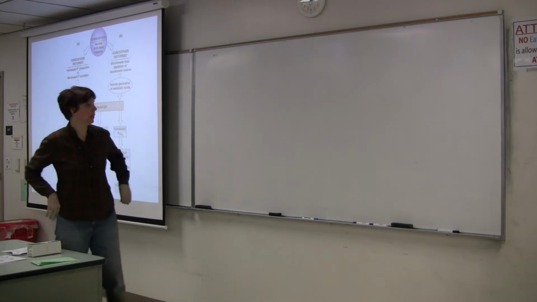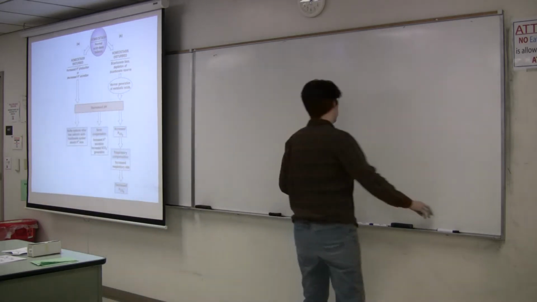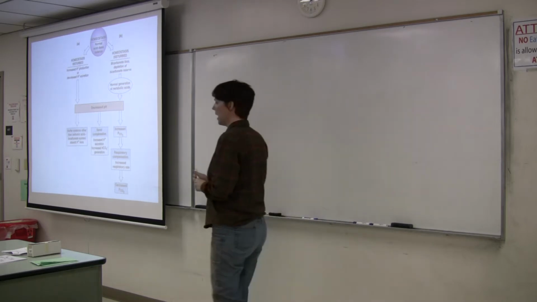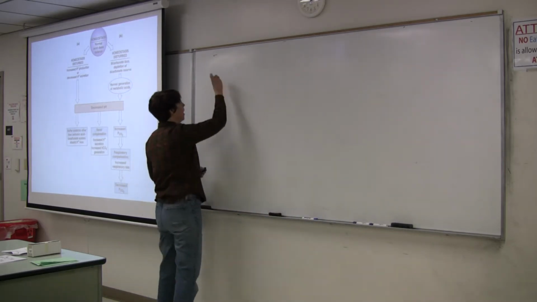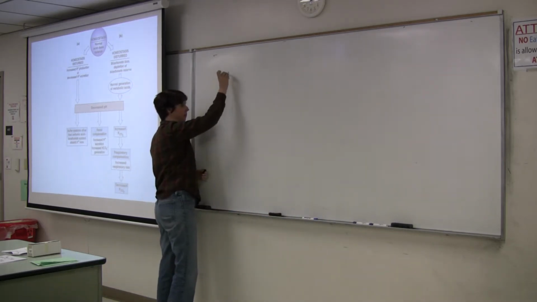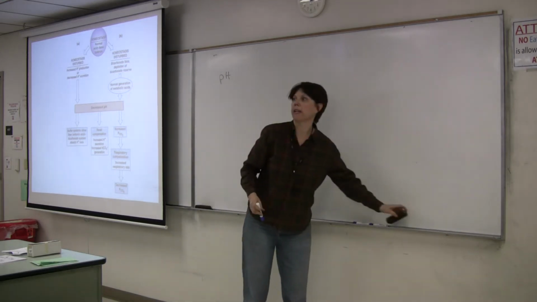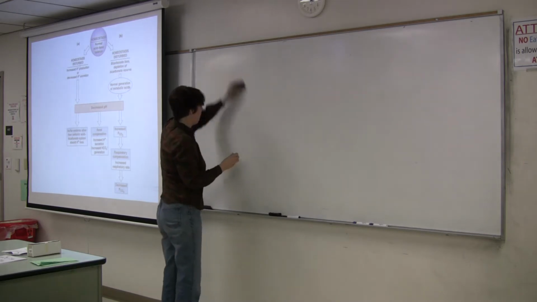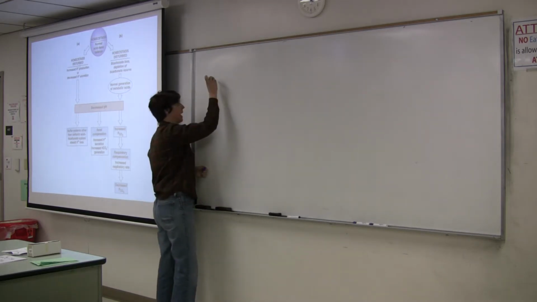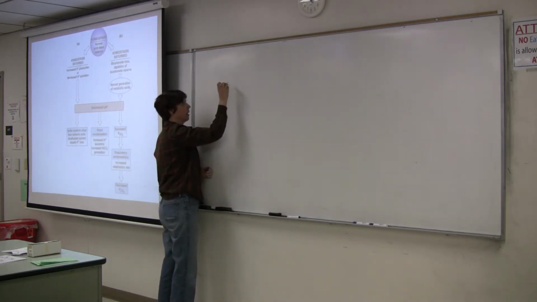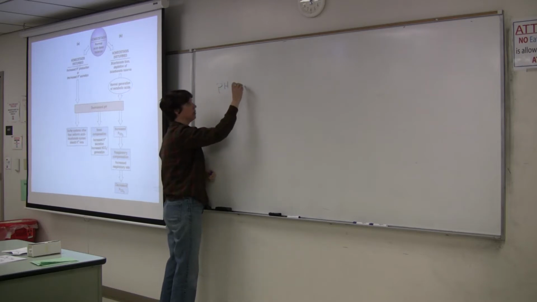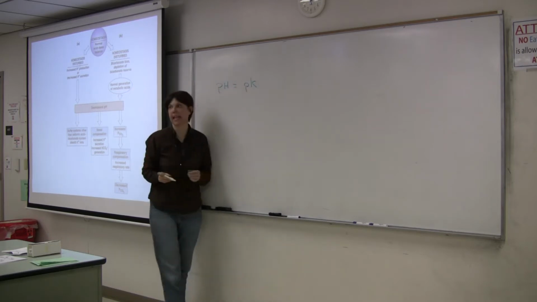All right, so the Henderson-Hasselbalch equation is a recognition of the logarithmic relationship between the amount of bicarbonate ions and carbonic acid. pH is equal to a constant called the pK.